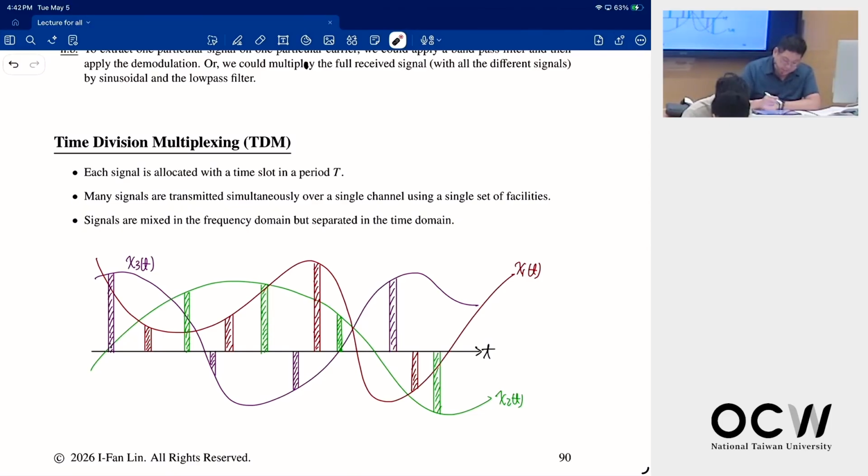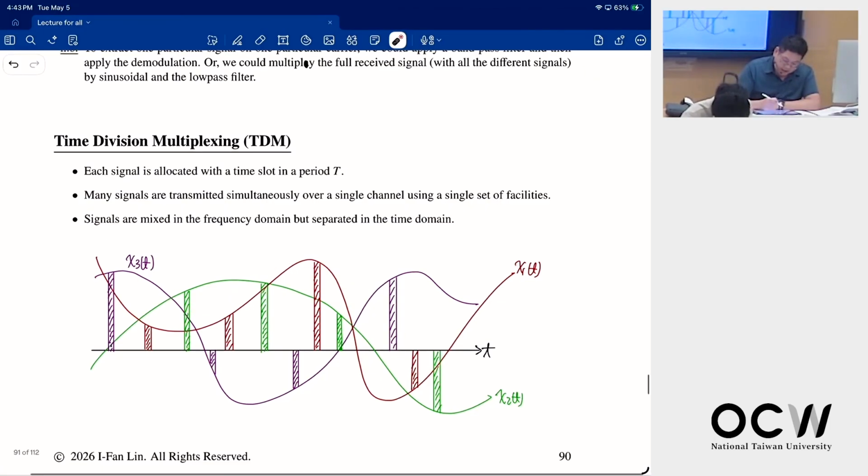The concept is that maybe here is the signal 1. Okay, I can take this part, I can sample just here, but for x2 I sample here, and x3 in this case.